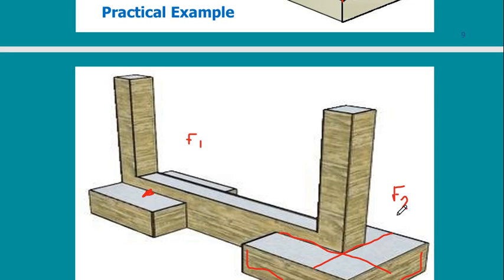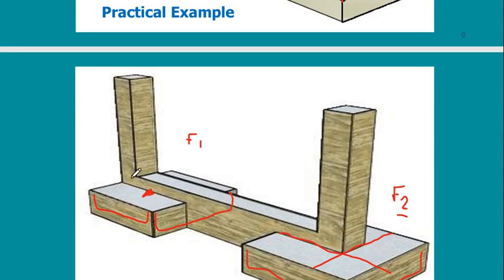So this is for F2, the same for F1. I have reinforcement from here going like this to the other side. So this is the reinforcement for F1, and I have maybe minimum reinforcement in the other direction. Why did I say minimum reinforcement?